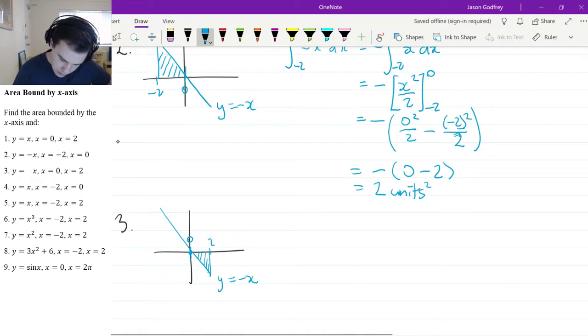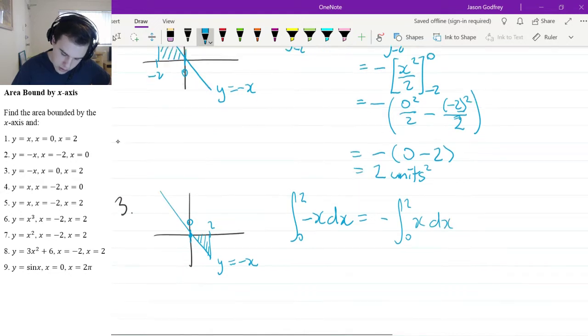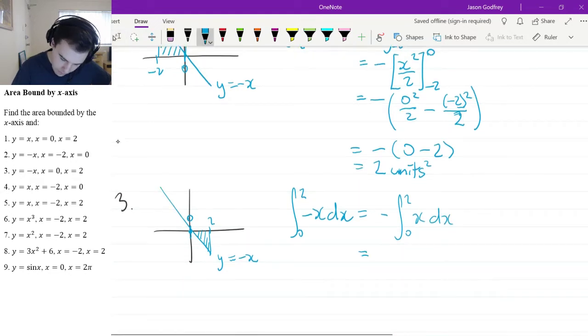So let's integrate this. We'll integrate from 0 to 2 of negative x dx. So this is the same as negative whatever the integral of x with respect to x from 0 to 2 is.